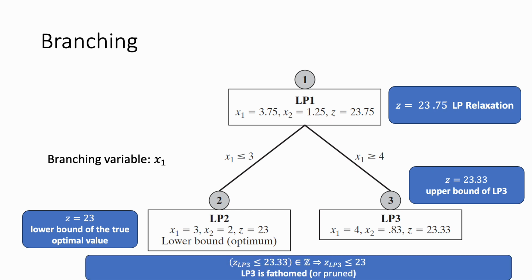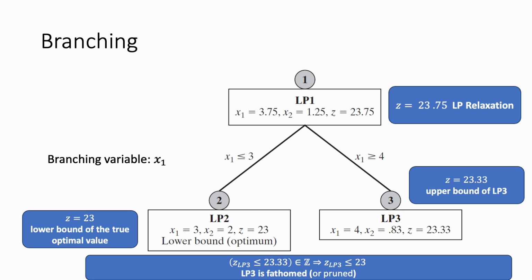Now, since we desire that the objective values are integers, then the best integer solution in LP3 must be an integer that is less than or equal to 23. So this means that for LP3, we have z equals 23.33 and must be less than or equal to 23.